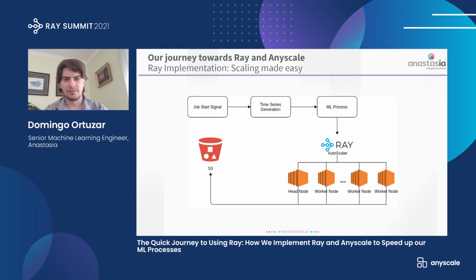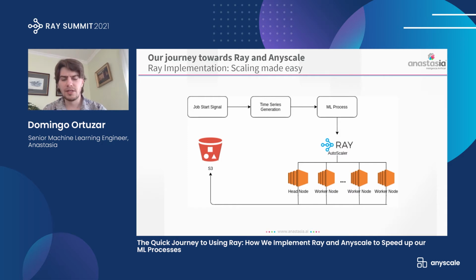In the graphic in front, you can see that at first look it looks very similar to our AWS Batch implementation. The biggest difference is that we are better managing the workload across the different instances.